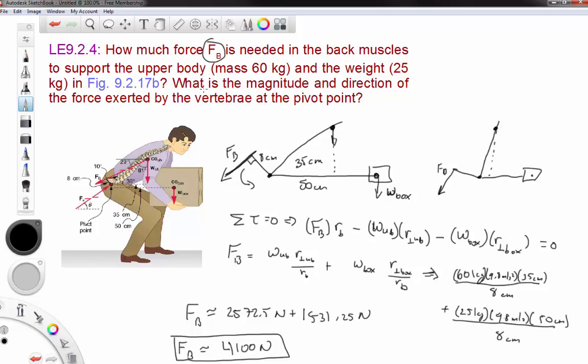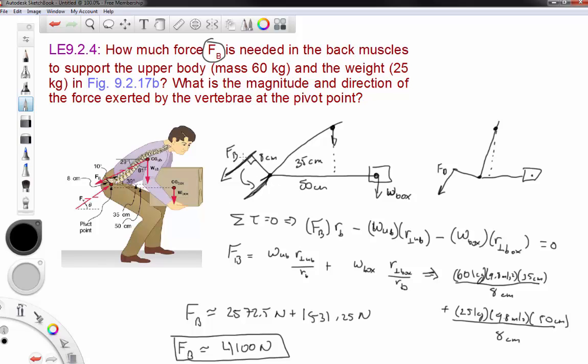The other question in here is, what is the magnitude and direction of the force exerted by the vertebrae at the pivot point? So that's this little guy here. There's basically a force going up along here in order to stabilize the entire system.